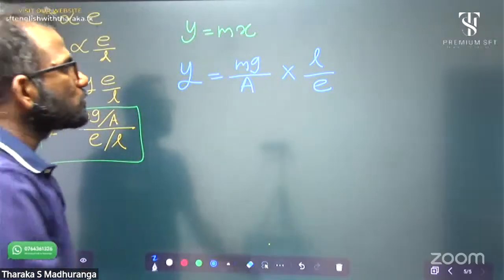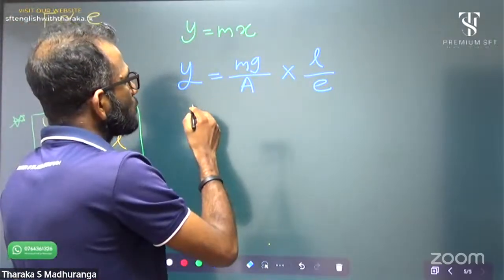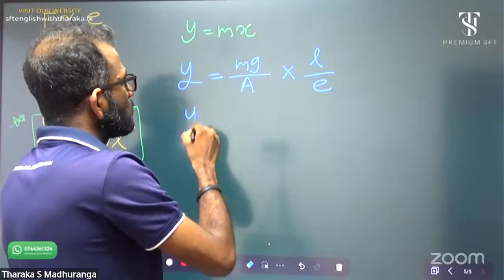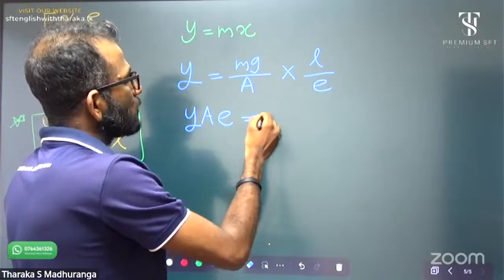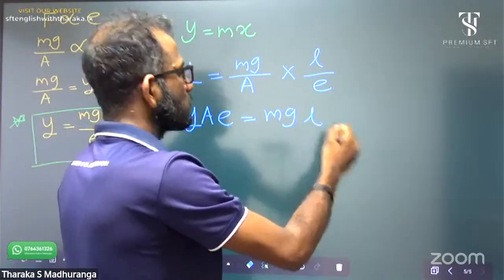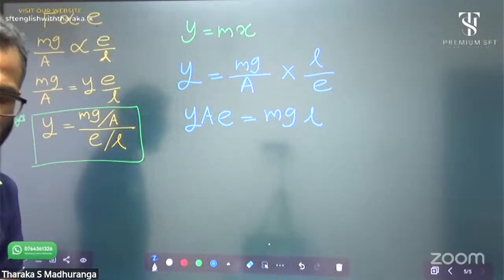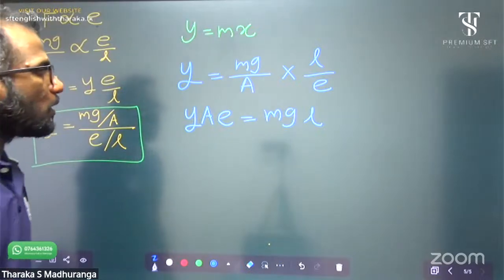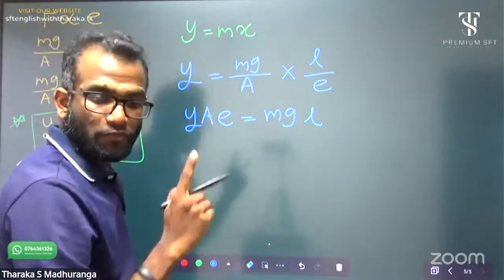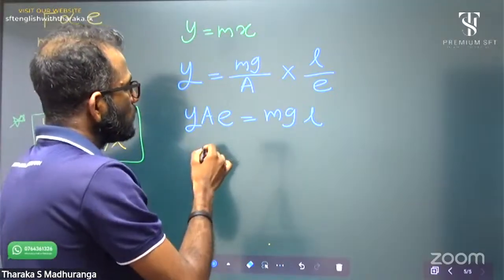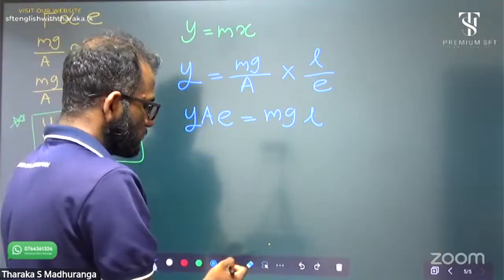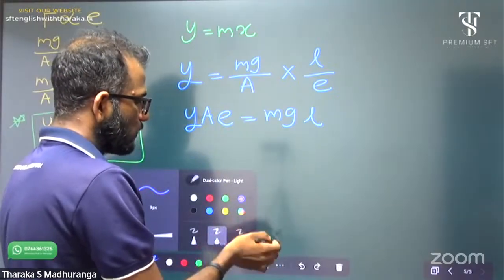Cross multiplication gives A e equals mgL. Now I want to isolate e, because the y value is e.